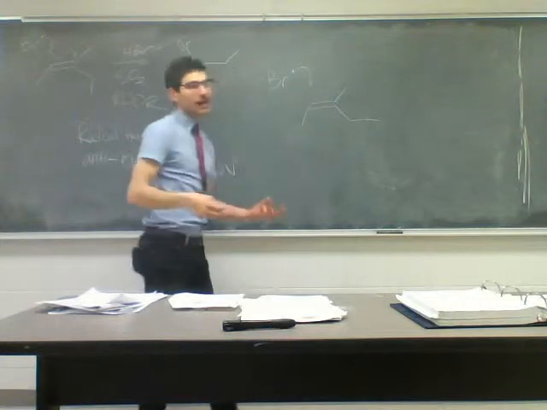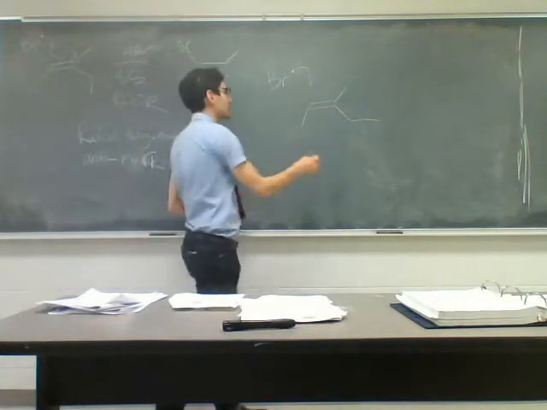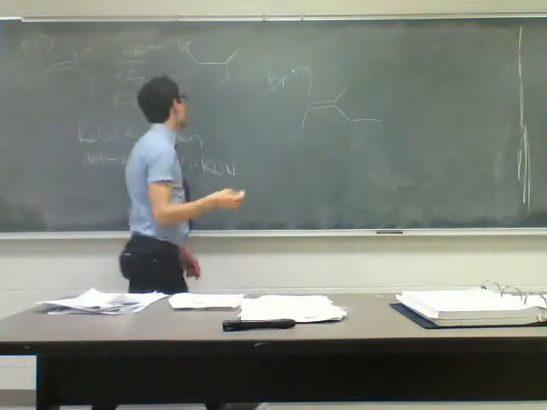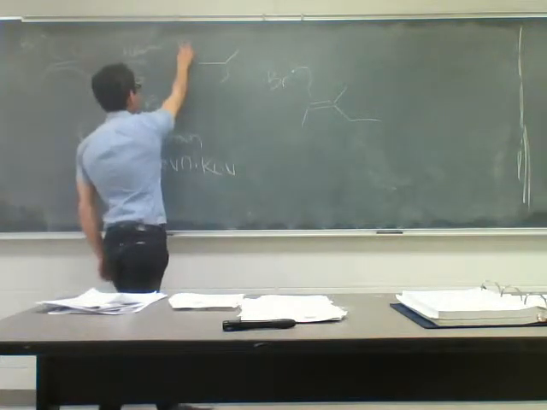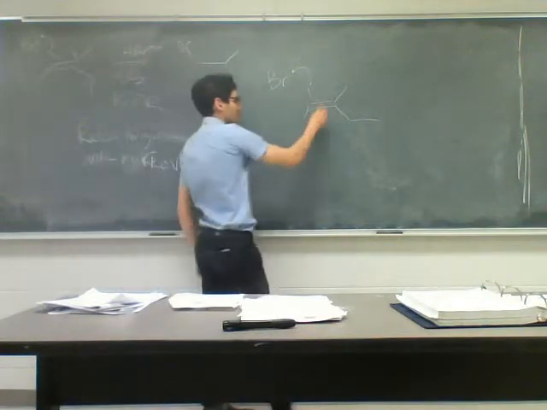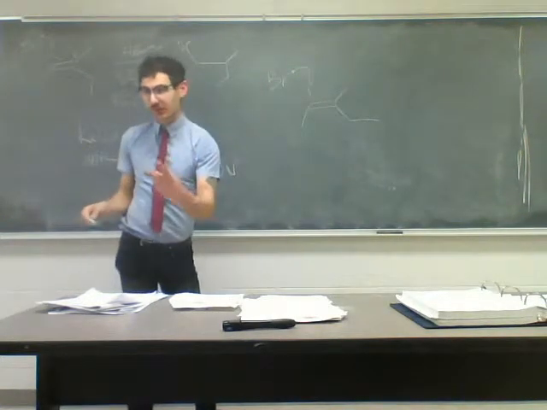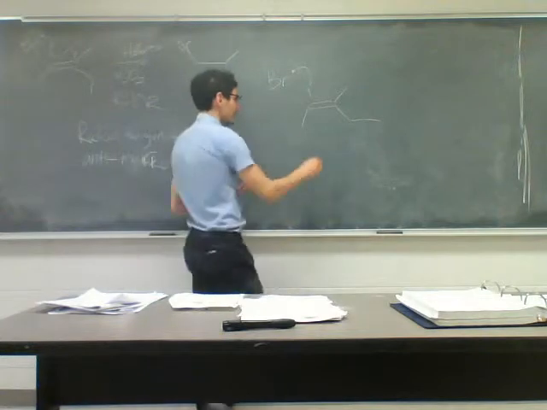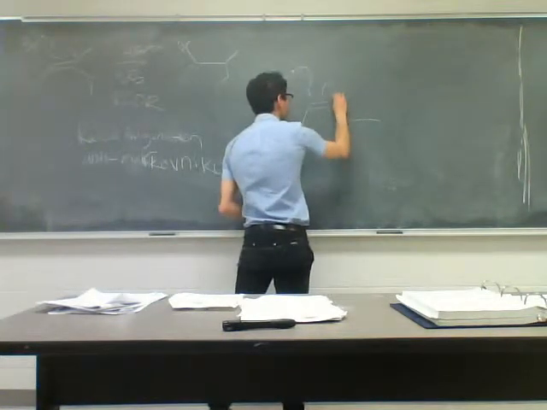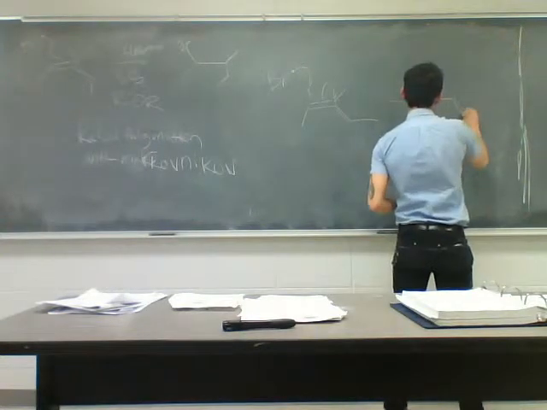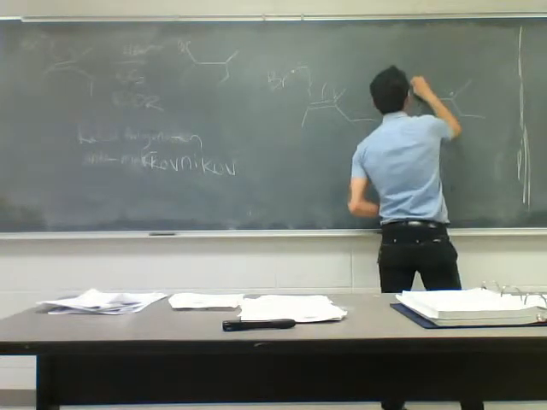The double bond's like, yeah, I'll let you be a part of my team. One of our double bond electrons goes to meet up with that, and that forms our carbon-bromine bond. The other electron from our double bond, because every bond is 2 electrons being shared, right? The other electron goes and parks itself on this carbon, which generates that radical intermediate I had just drawn.